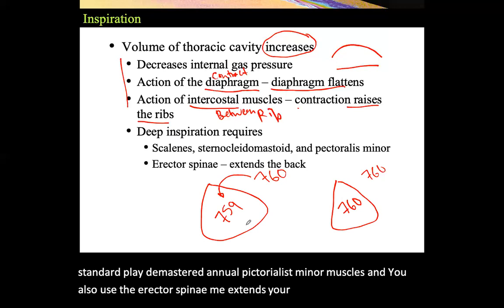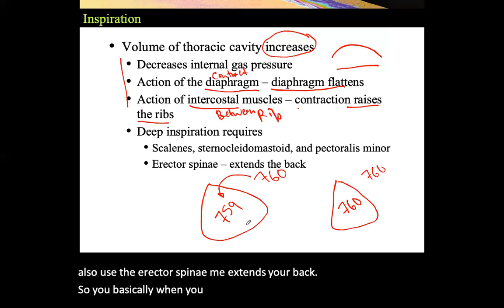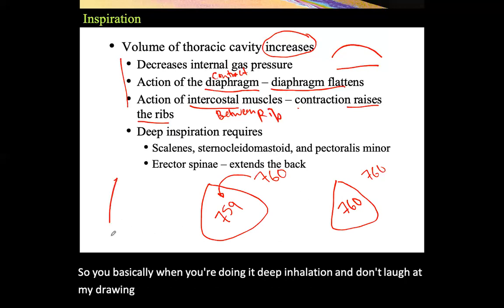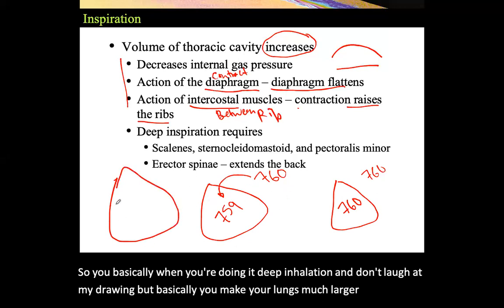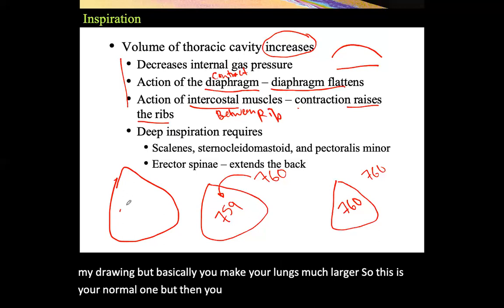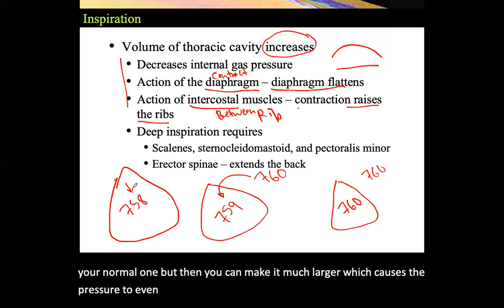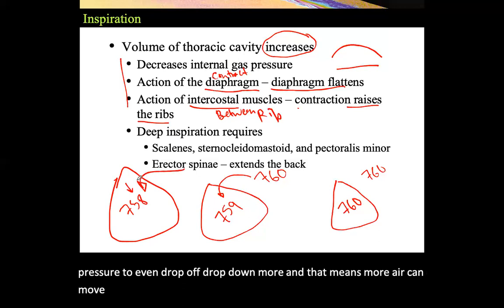So when you do a deep inhalation, and don't laugh at my drawing, you make your lungs much larger. So this is your normal one, but then you can make it much larger, which causes the pressure to drop even more, and that means more air can move inside your lungs.